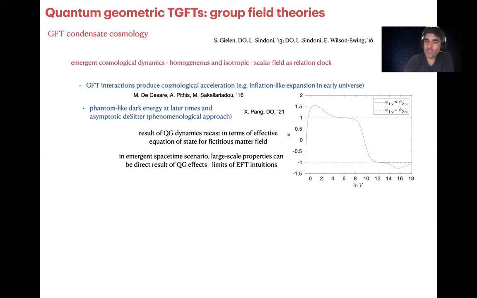In order to obtain these last two sets of results, one has to adopt a more phenomenological type approach in terms of how to deal with the group field theory effective action. So the main lesson is that in emergent space-time scenarios, large-scale properties can be the direct result of quantum gravity effects, showing the limitations of effective field theory intuitions.